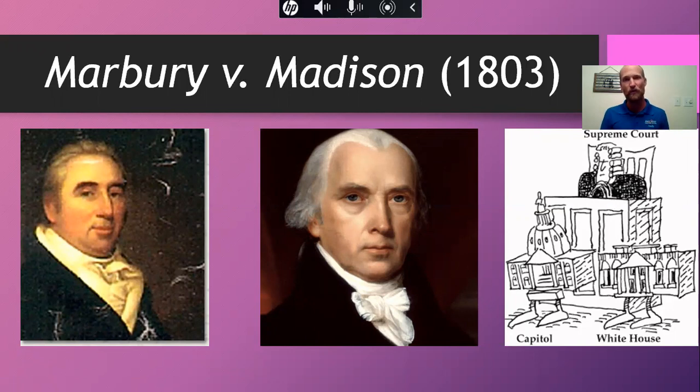During the court case, William Marbury mentioned that the Judiciary Act gave the Supreme Court the right to order Madison to give him his appointment.